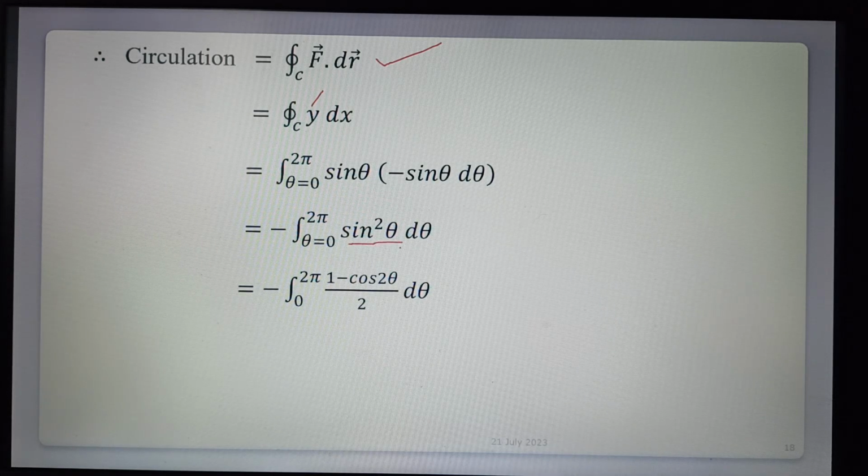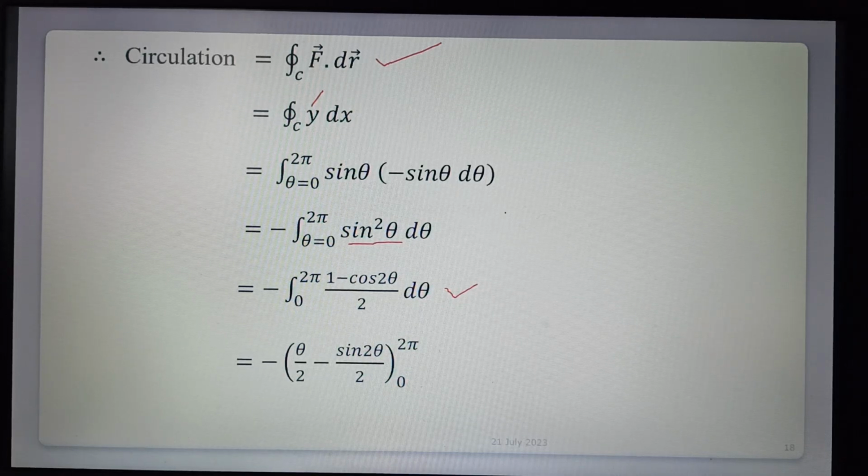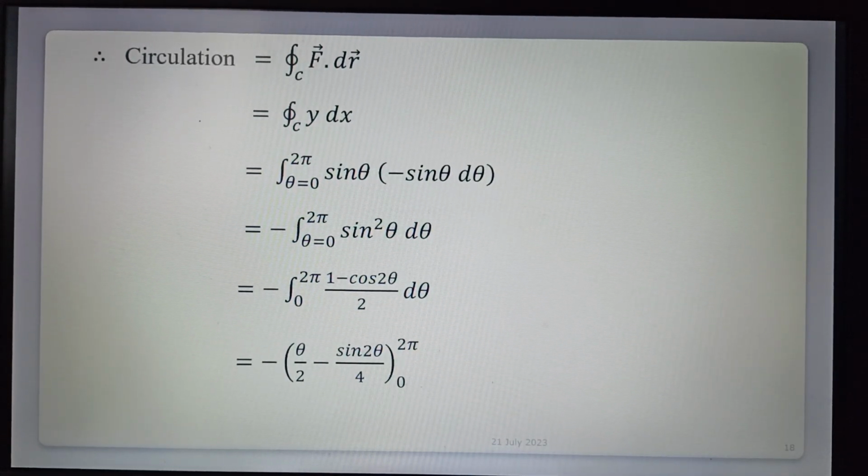So sin square theta can be written as (1 minus cos 2 theta) by 2 into d theta. Now the integration is minus 1 by 2, integration of 1 d theta minus integration of cos 2 theta, that is equal to minus theta by 2 minus sin 2 theta by 4, limits 0 to 2 pi.